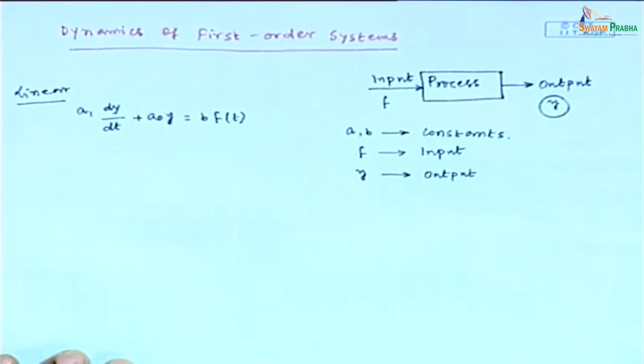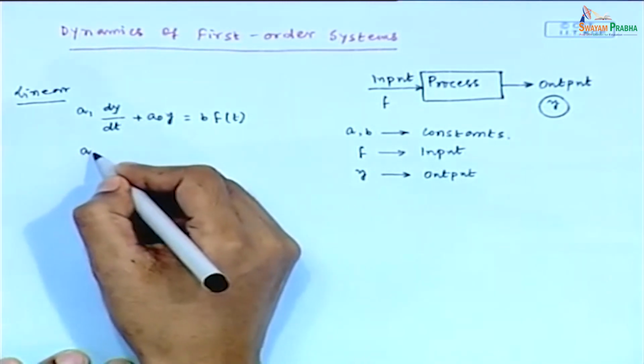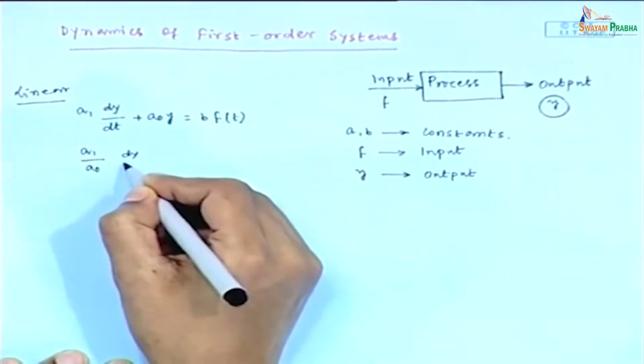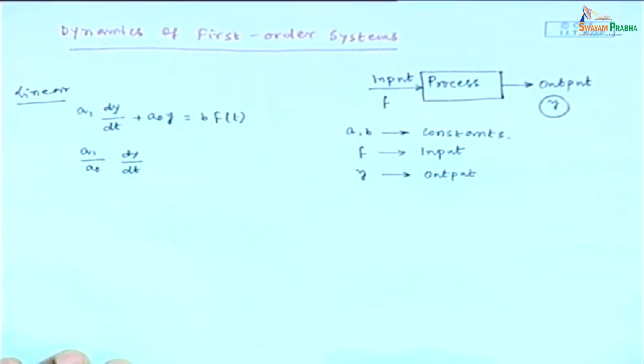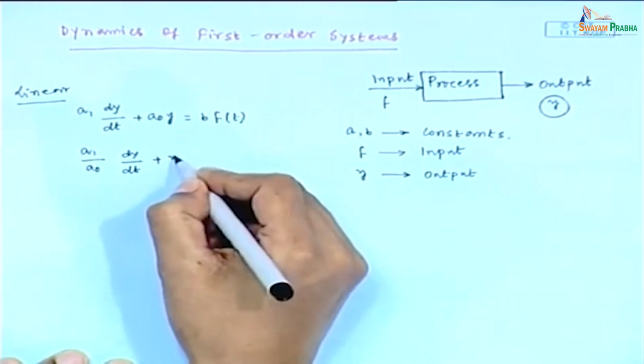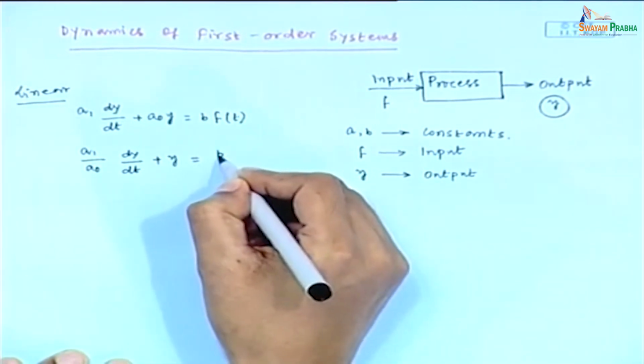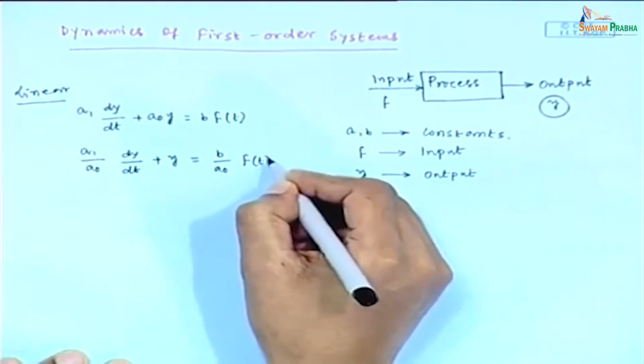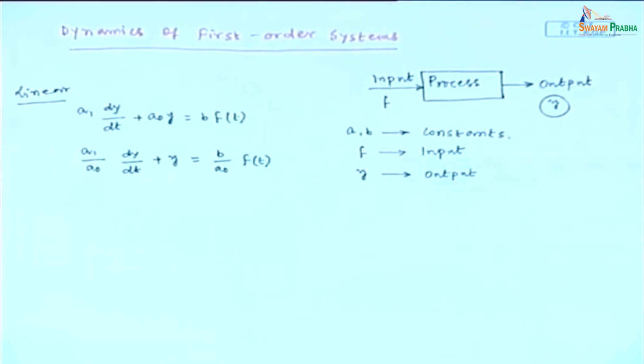Now, if we rearrange this equation, then we get a1 divided by a0 dy/dt plus y equal to b divided by a0 f(t). Before this I want to mention one thing, that we will consider two cases.